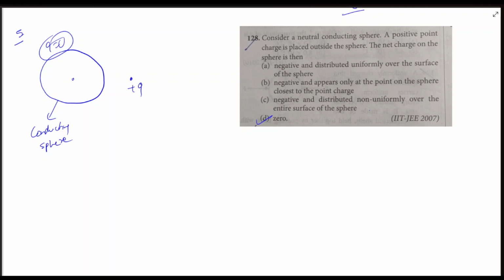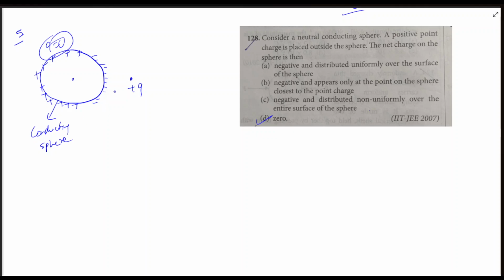We can analyze the situation a little bit. This plus q will polarize this sphere, and minus q will come here. It has a greater density, and the plus will be distributed here. So the density here will be less, right? We have studied a lot about this.